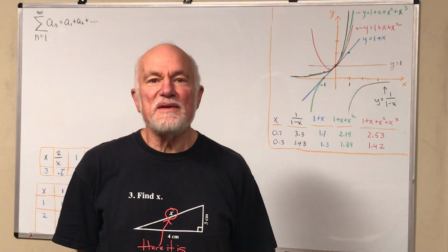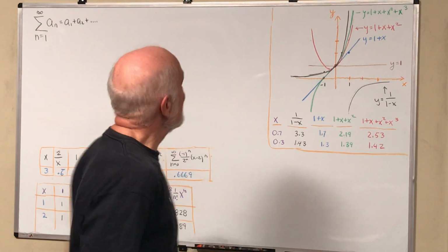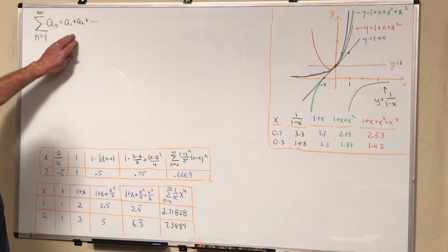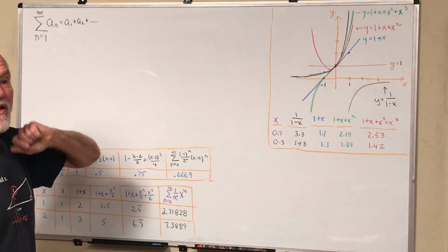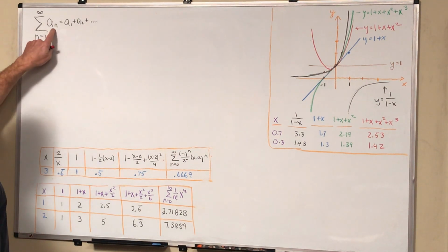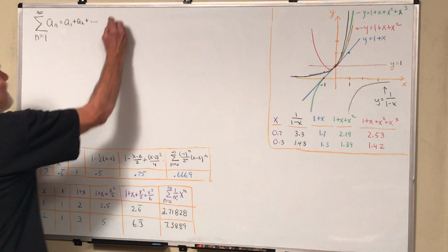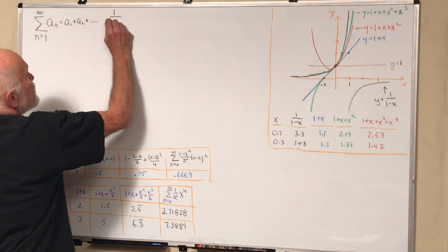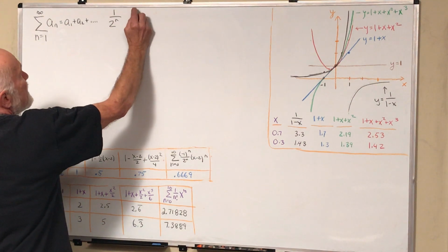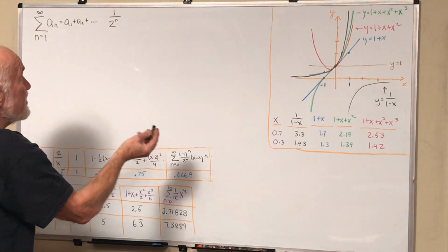So we've been talking about infinite series for the last few lectures, and this is what an infinite series looks like. You're adding up a bunch of terms. This a sub n could represent 1 over 2 to the n, and then you'd have a geometric series.